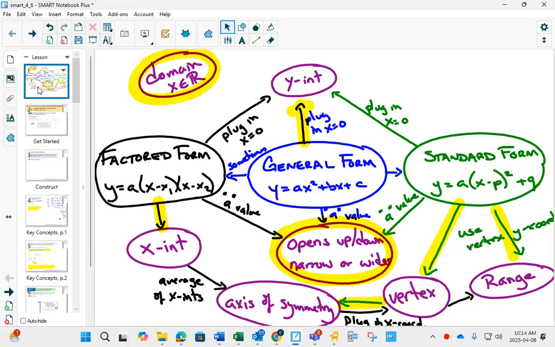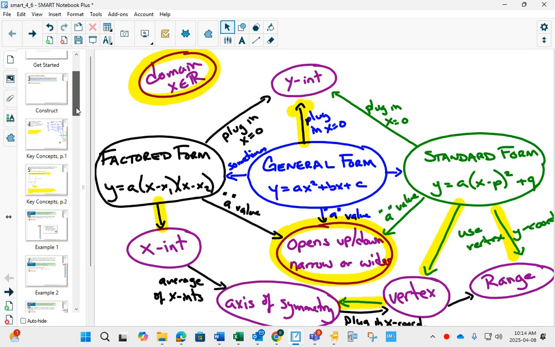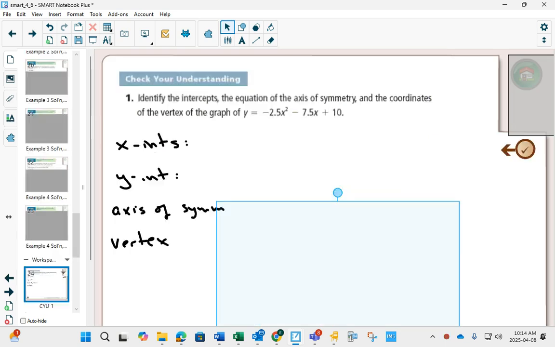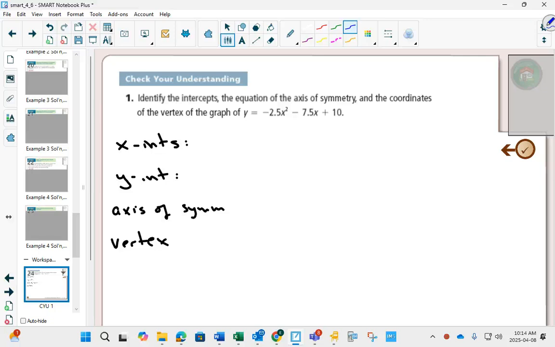Y-intercept would be the thing I would find first. It's the easiest right off the general form. So if I go back to our question, if I'm doing this as what's the easiest thing to do first, y-intercept, I plug in 0 for x. Super easy to find that one first.